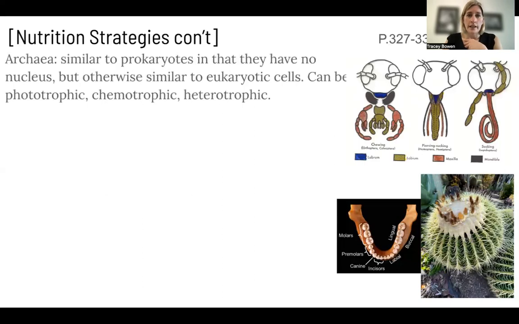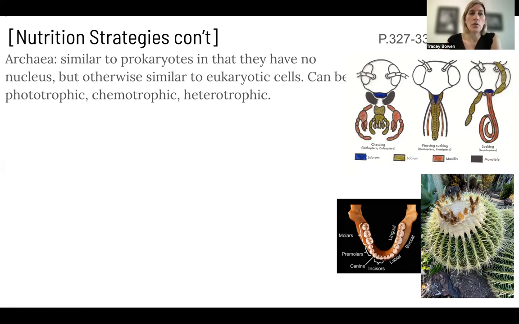Archaea are similar to prokaryotes in that they have no nucleus, but otherwise are very similar to eukaryotic cells. And they can be phototrophic, so can prokaryotes, chemotrophic and heterotrophic.